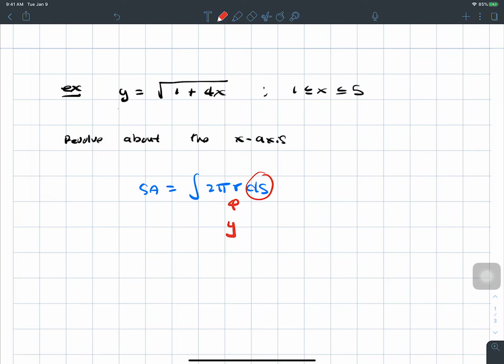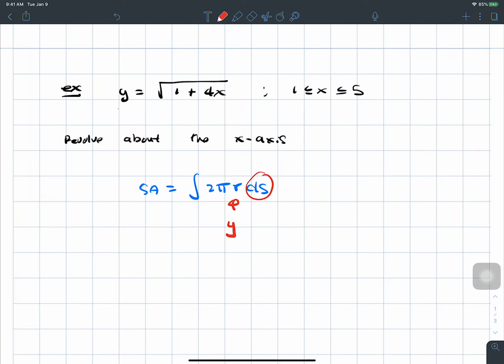Now, squaring this gives us 4 over 1 plus 4x. Now, don't forget what we have to do now is add 1 to this term.